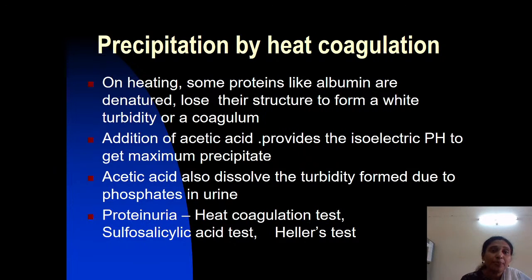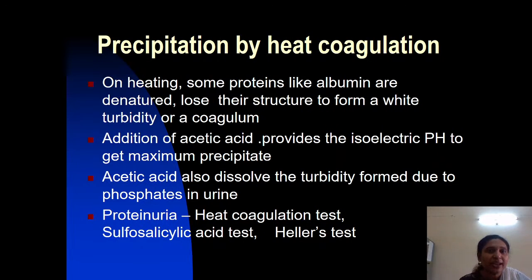Proteinuria is detected by a simple test, that is the heat coagulation test, based on the principle of precipitation by heat coagulation. I think you are following. The heat coagulation test is one of the basic tests performed in the clinical laboratory to detect proteinuria.